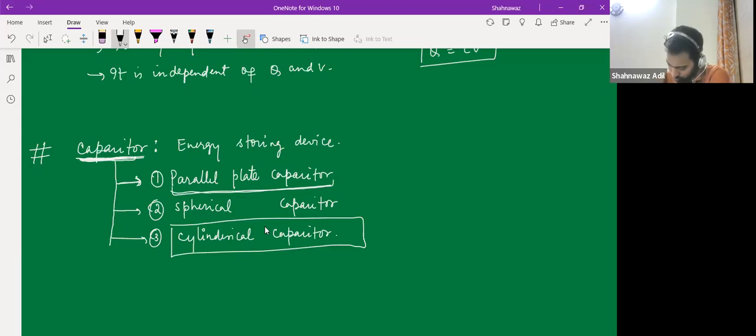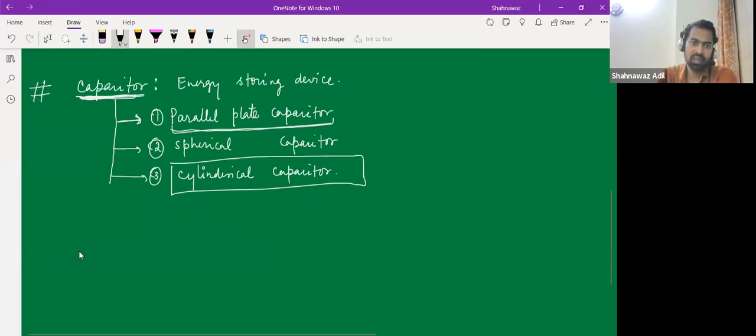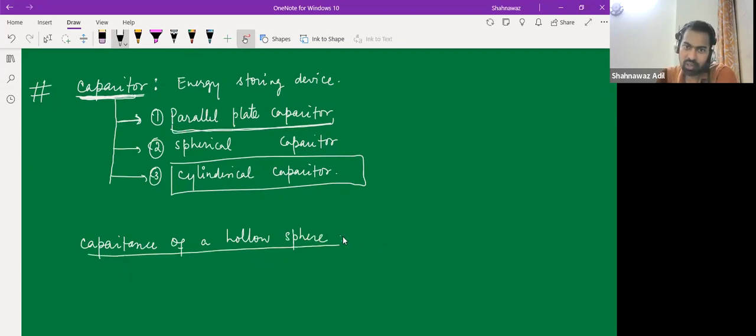But before we do that, let us calculate the capacitance of a hollow sphere. Right.